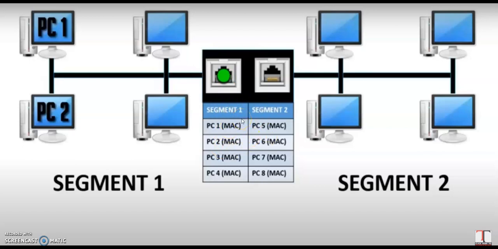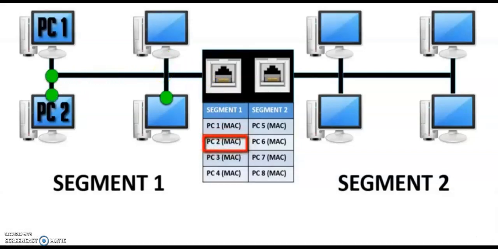If it is matched, it will select the particular segment and send the data to that segment. For example, here the bridge searches for the MAC address and it matches segment 1, so the data is broadcast only within segment 1. In this way, it reduces the traffic within the LAN.